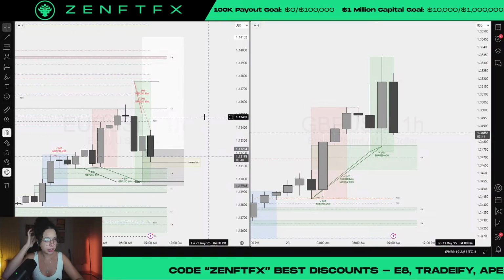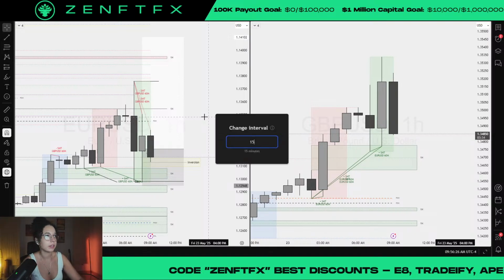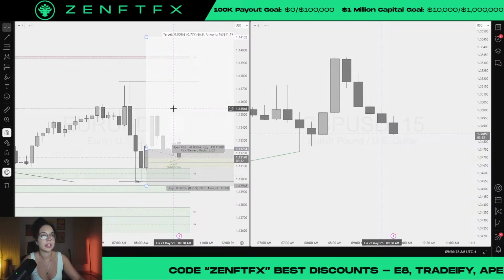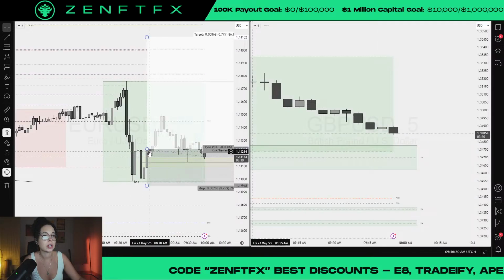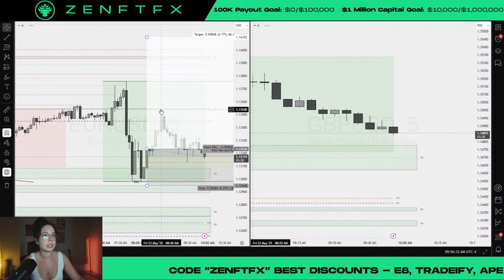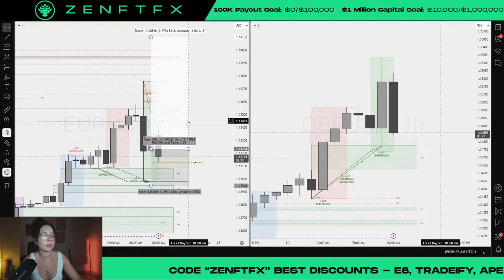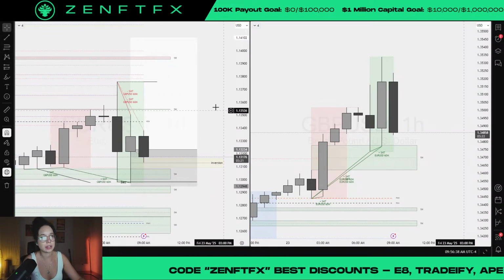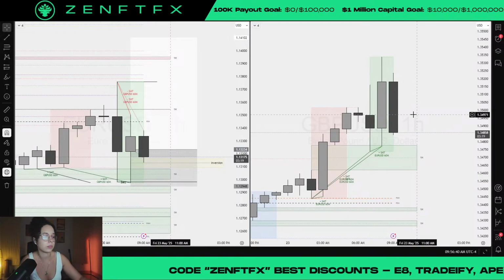What are you trading? I'm actually not in anything right now. I took a trade on Euro USD, but I got stopped out at break even. I entered right here, came up to here, ended up moving my stop to break even, and then we got stopped out at break even because there's signs of potential reversals. So I just wanted to protect myself.